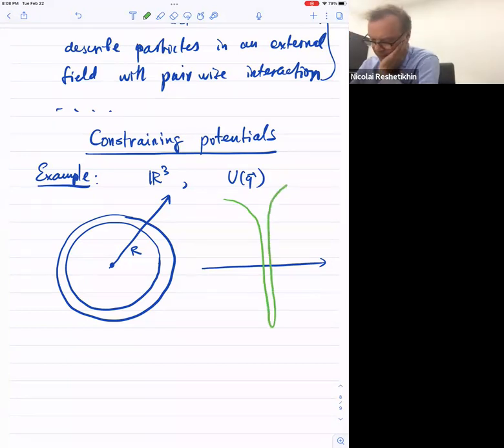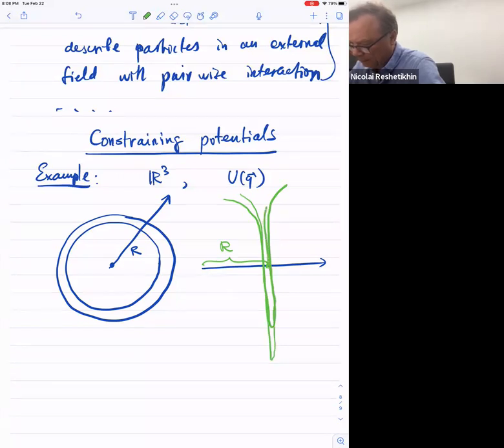Near the radius, so this is the sphere of radius r. And then we can consider a family of such potentials that become deeper and thinner.